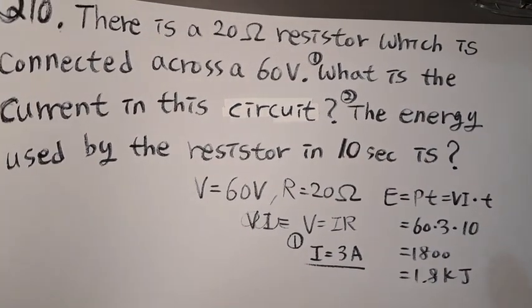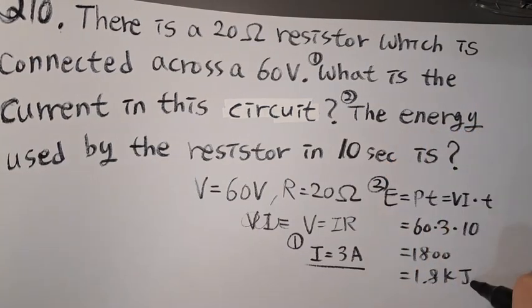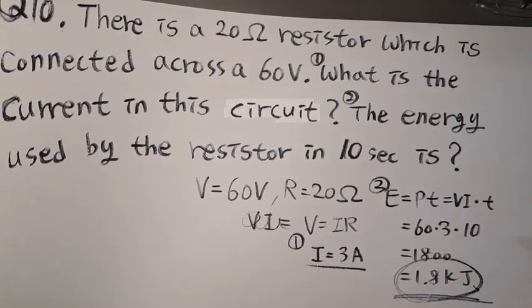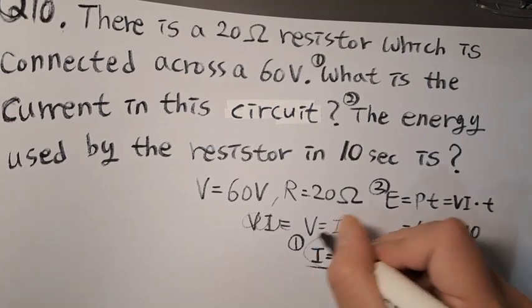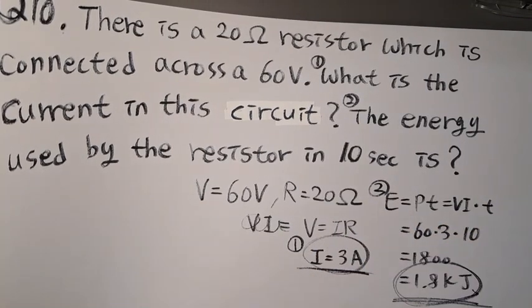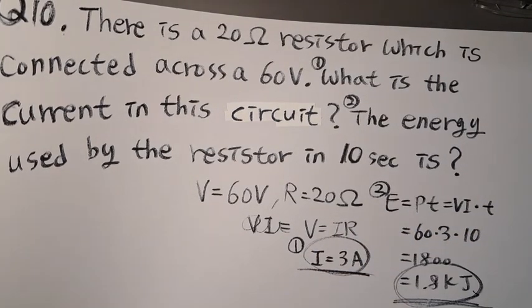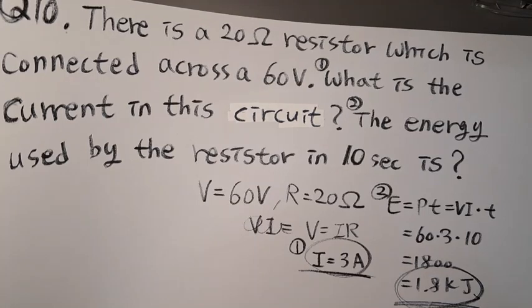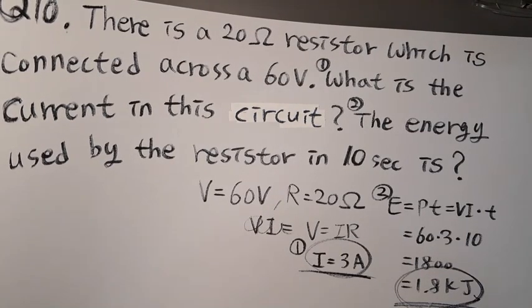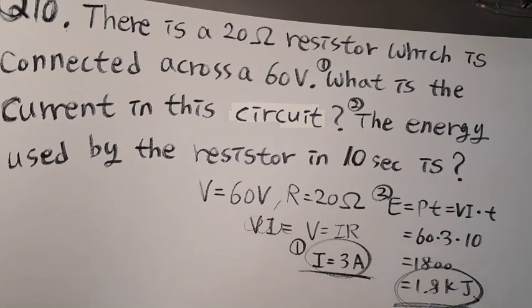So the answer of the second question is going to be 1.8 kilojoules. So the answer of the first question is going to be 3 ampere, and the answer of the second question is going to be 1.8 kilojoules.